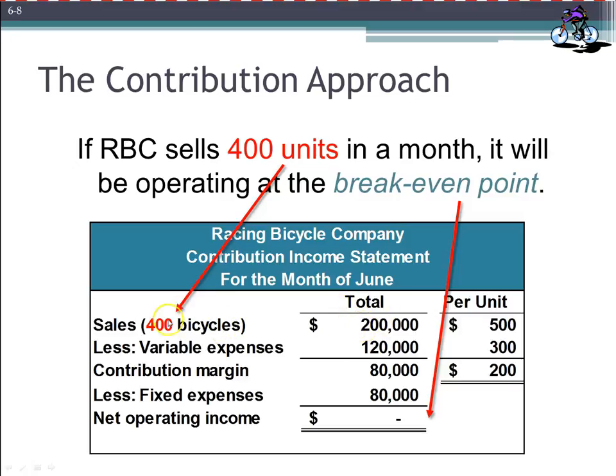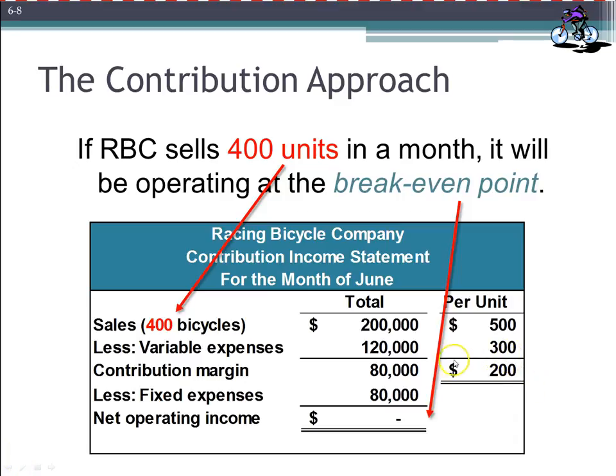And if we're selling 400 bicycles, our variable expenses, which are $300 a bike, if you multiply those out, that comes up to $120,000, which would leave us with $80,000 in contribution margin. Subtract out our fixed expenses, and we break even. We're not operating at a loss, and we're not operating at an income at this level of volume.